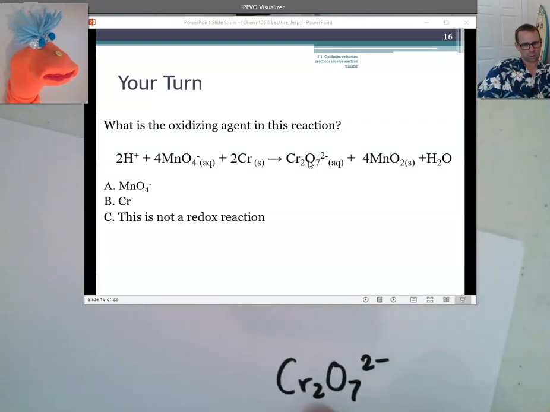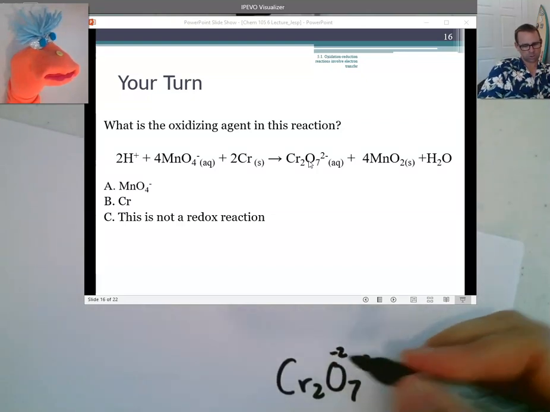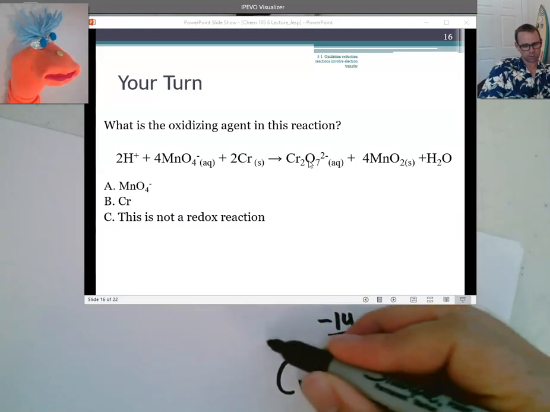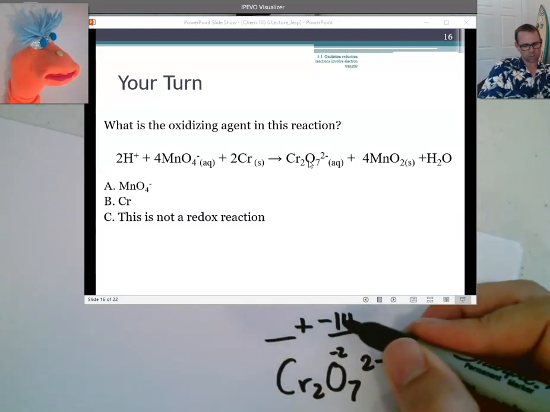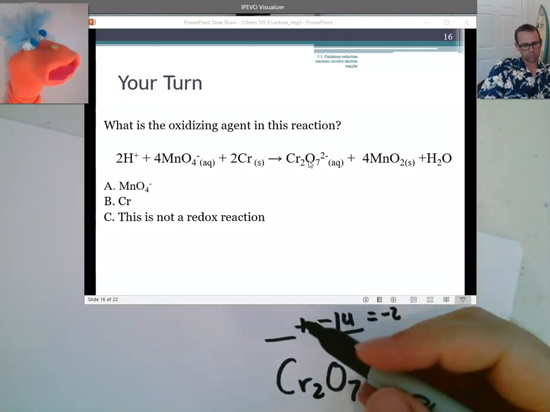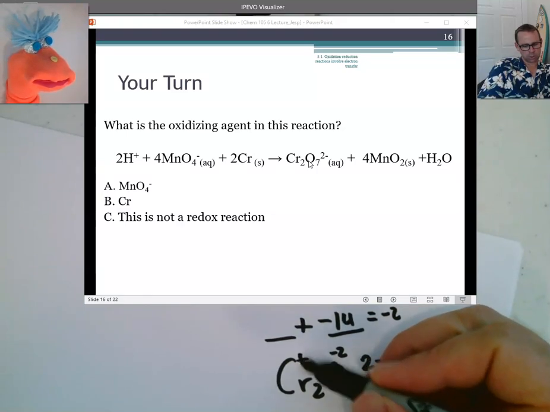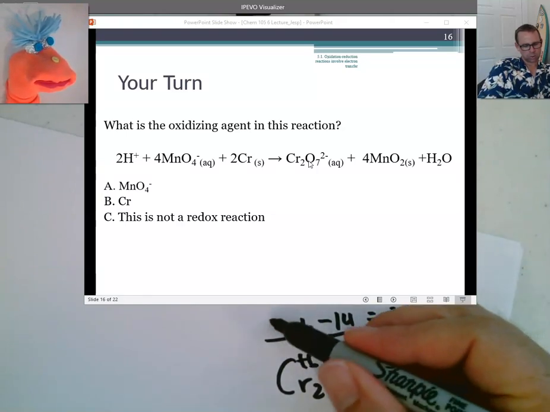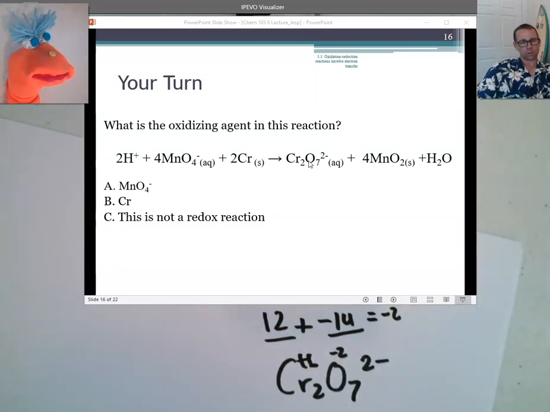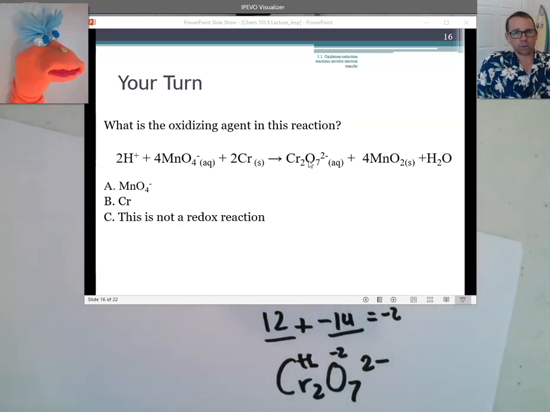We don't know anything about the chromium, but we do know the oxygen's a -2. So each one of those oxygen contributes a -2 for a total of -14. The contribution by the chromium plus the -14 has to equal what? -2. Oh yeah, we did this before. The chromium is a +6. Very good, +6. So the chromium here, or the contribution is the 12 because there's 2 chromiums. So you remember from the last one that the chromium in the dichromate has an oxidation number of +6.